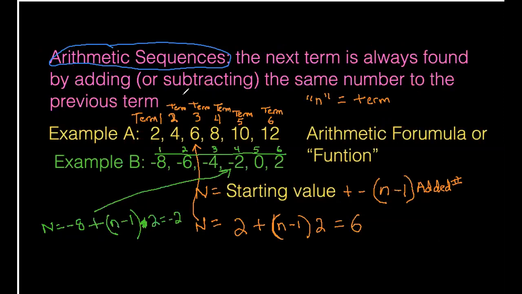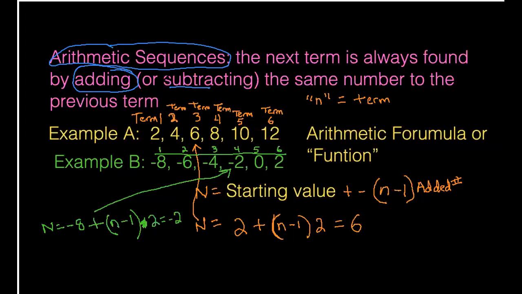So what I'd like you to do is take and highlight or underline in your notes here the word adding. You're always adding, or sometimes you could call it subtracting. If you were adding, say, negative numbers, that might seem like you're subtracting. But really, the general rule is adding the same number each time. If you're adding in the formula, that's going to be an arithmetic sequence, okay?